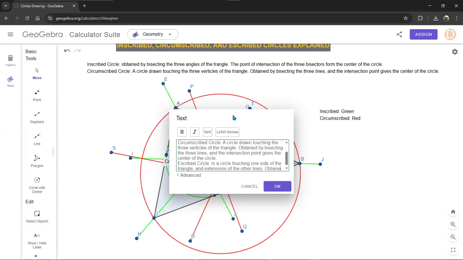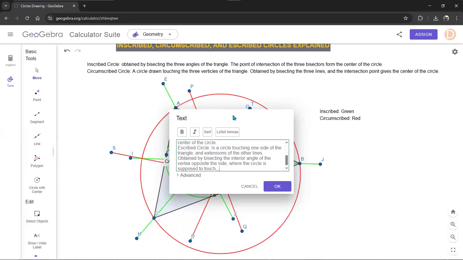So this one is obtained by bisecting the interior angle of the vertex opposite the side where the circle is supposed to touch.